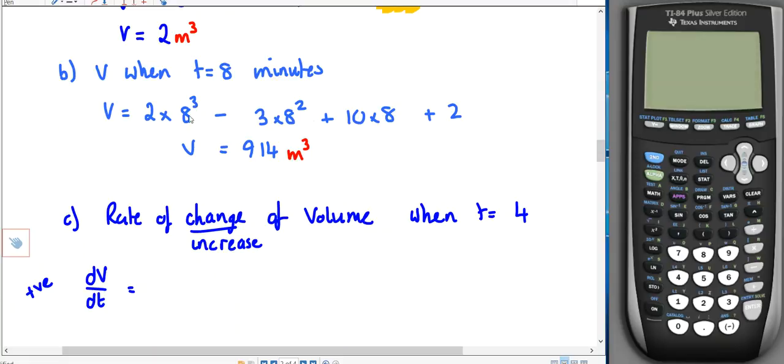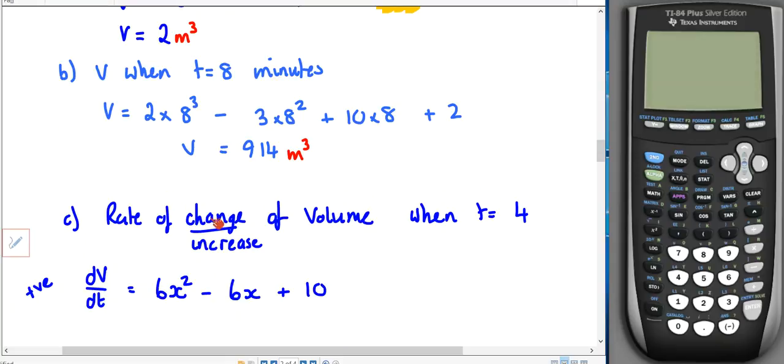So, what is dV dt? Well, if I imagine that's an x, so 3 times 2 is 6. We've got 6x squared minus 6x plus 10. It's in your book if you're not getting what I'm doing there with numbers.